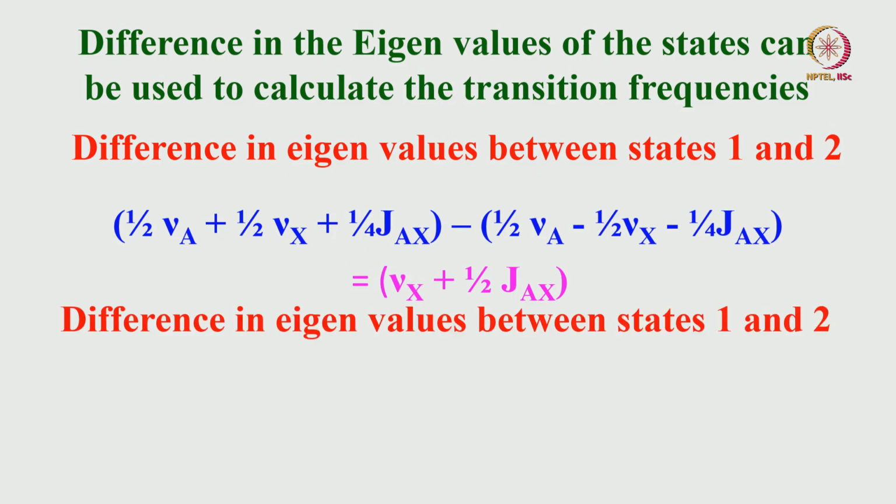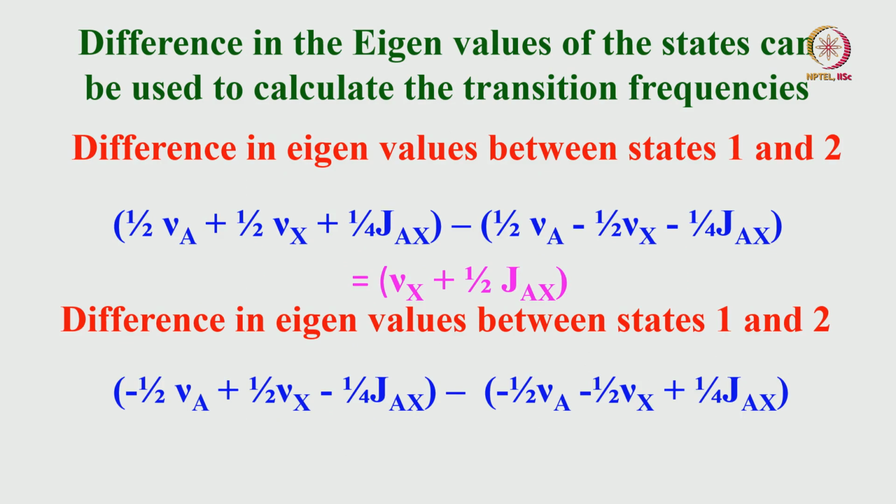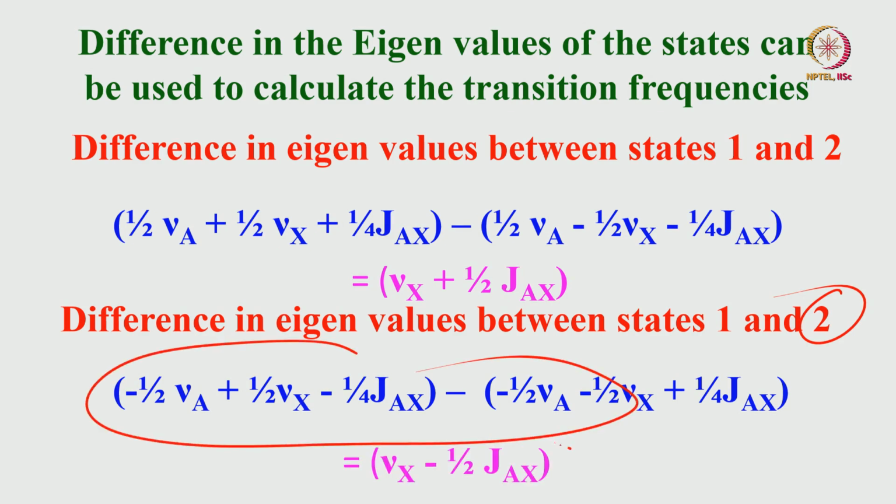Difference between 1 and, I am sorry, not 1 and 2, this should be different. This number is a mistake from cutting and pasting, it is not this 1 and 2, this is different, and if you calculate that difference, it will turn out to be nu X minus half J AX. So, that means for the X spin there are two transitions, one is plus half J AX, the other is minus half J AX.